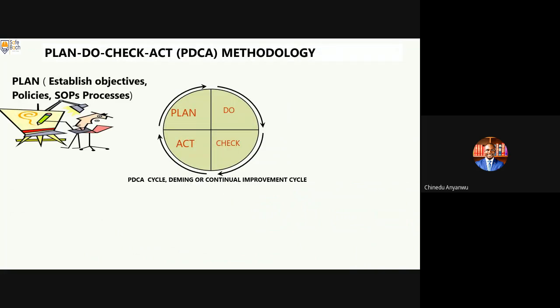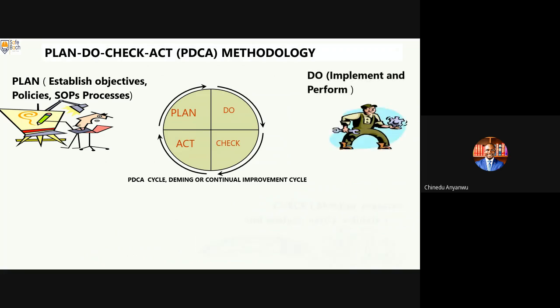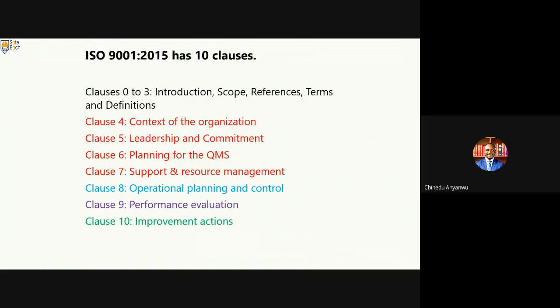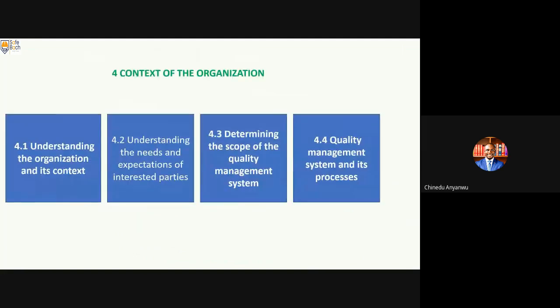We all know ISO 9001 2015 uses the PDCA methodology, which is plan, do, check, and act. It has 10 clauses, but clause 4 to clause 10 are auditable. Today we're looking at clause 4, and specifically clause 4.3, which talks about determining the scope of the quality management system.